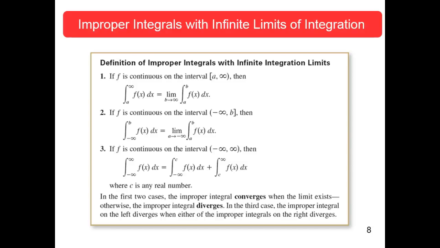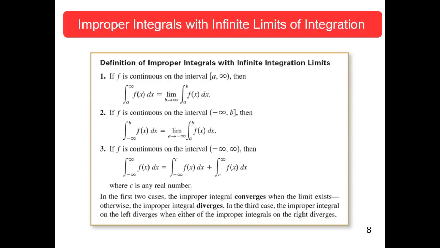And you can do it from both ends. If you're going from minus infinity to positive infinity, split this into minus infinity to c and c to positive infinity, and take this limit for this one, that limit for that one, and see if you can go from there.